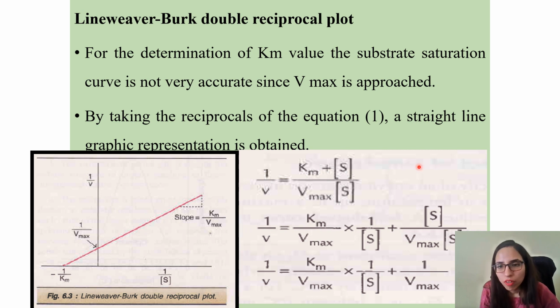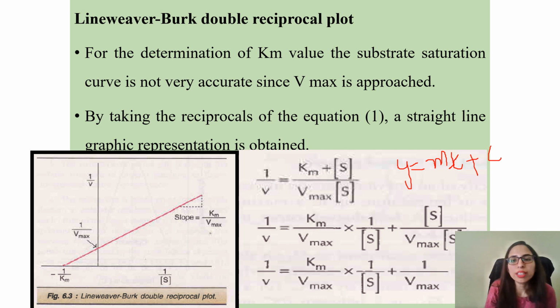When we write down y equal to mx plus c, now fit this y equal to mx plus c into this graph. Here 1 upon V is y and x is 1 upon S. Just put the value of this only.